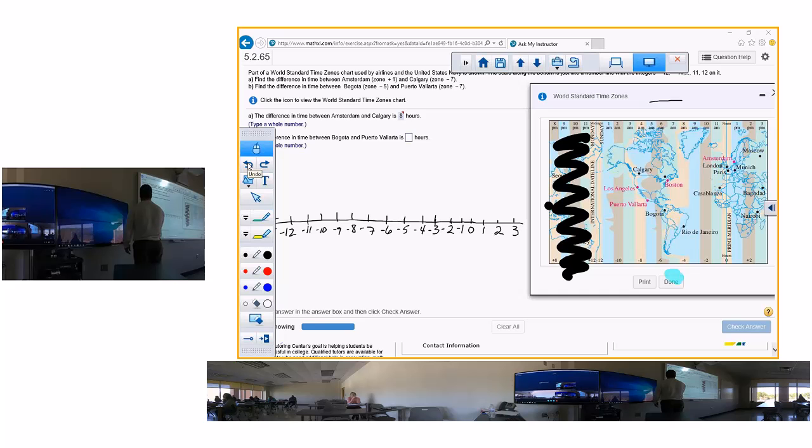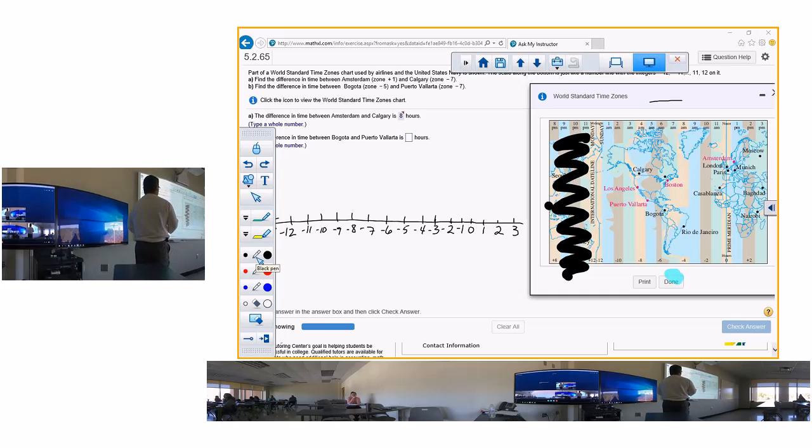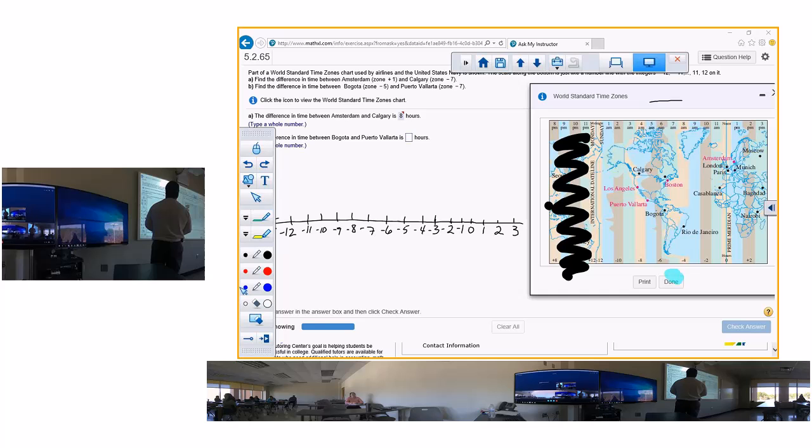It's confusing. It's busy. There's too much stuff to do. And to me, it's not written correctly. It should have distance in there somewhere, because when you think of a number line, you're thinking of distance. But anyway, I guess that's why I just teach and don't write books. All right. Bogota is at -5, which is right here.